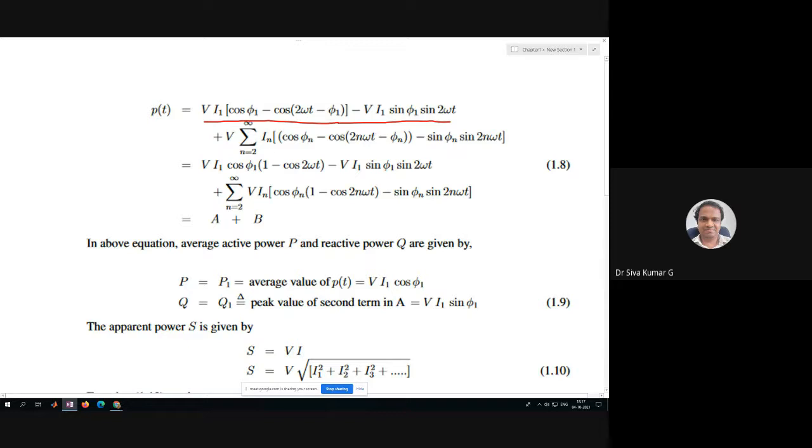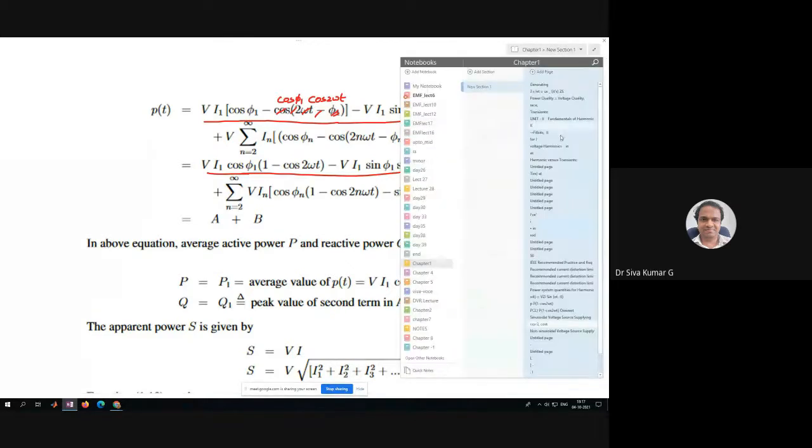Actually, this is not this particular equation. This should be cos phi 1 and cos 2 omega t. Okay, cos 2 omega t. Now we have taken out this particular equation. This is the equation which I was telling you, we will be going to use this equation earlier when we are considering the voltage.